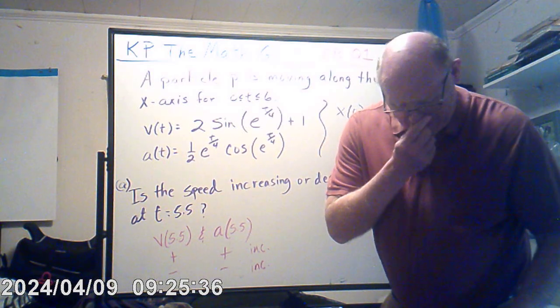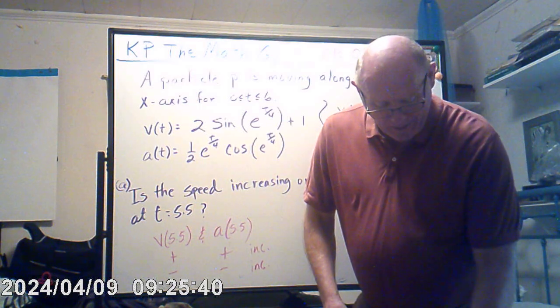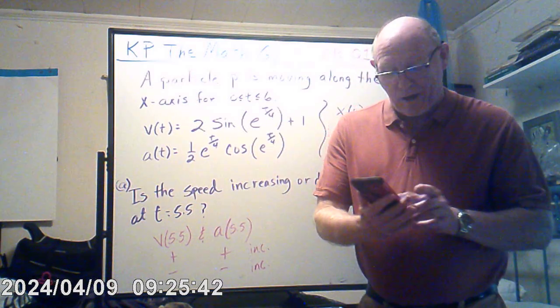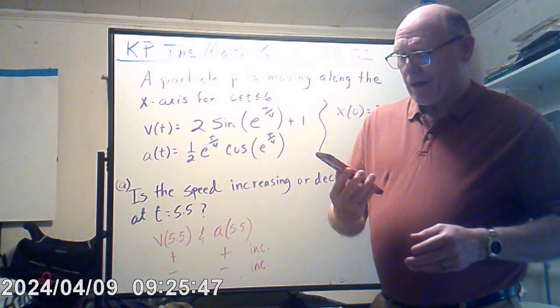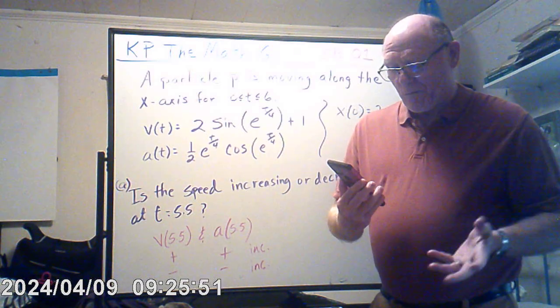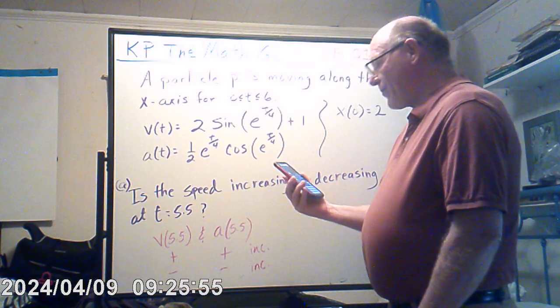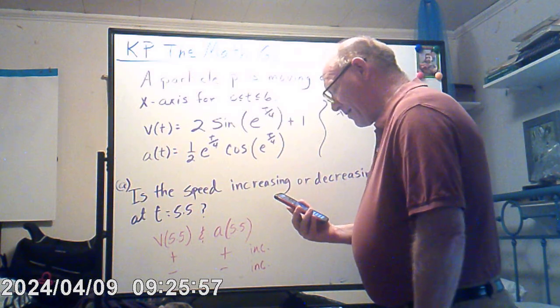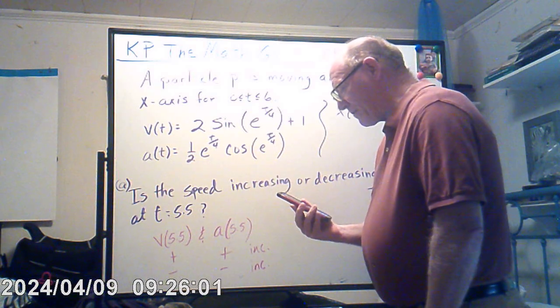What I did is I put them into y equals, like this. I got y0 and y1. You may have y1 and y2. I put the acceleration one in first, and then the velocity one second.